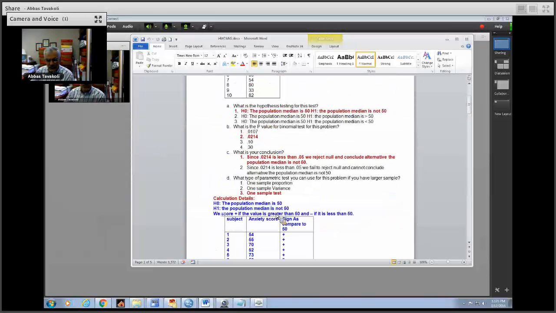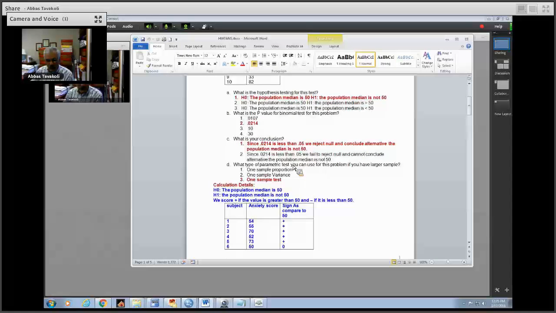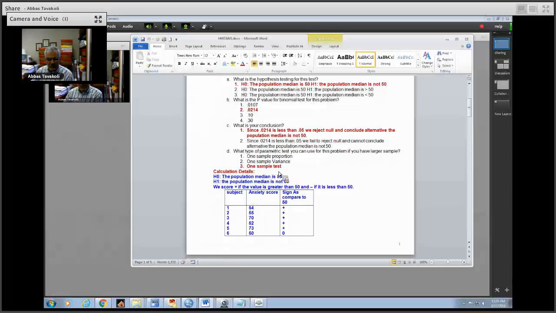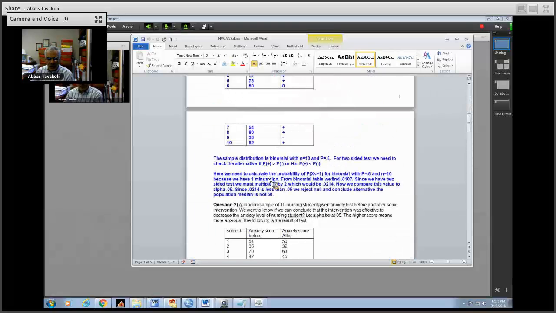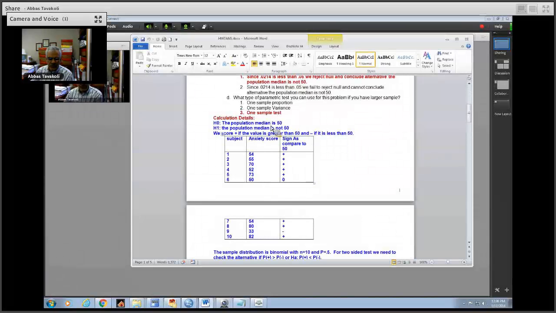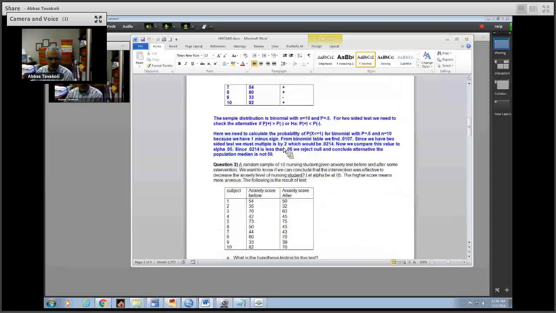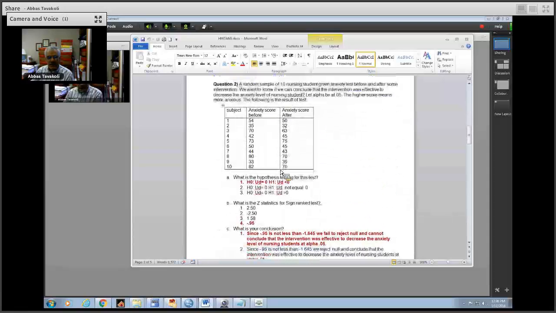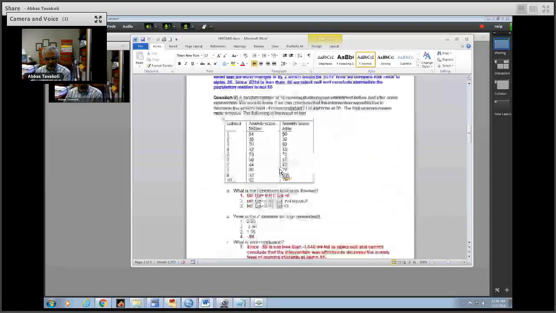Since we have two sides, we multiply that by 2, you get 0.0214. And when you compare that p-value to 0.05, because it's less than 0.05, we reject and we conclude the population median is not 50. So the correct answer for B was 0.0214, and 1 was the correct answer for the C part.